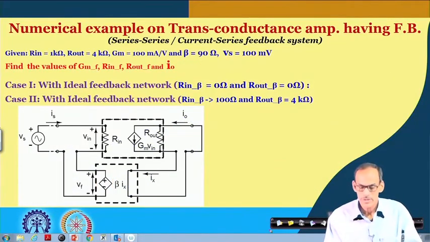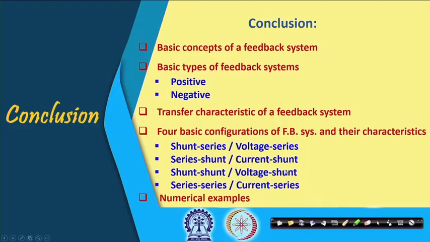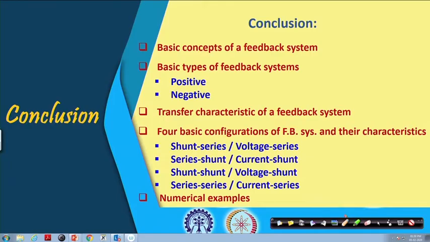So, to summarize all these 4 sub lectures, what we have discussed in this topic of feedback system so far, we have talked about basic concepts of the feedback system. There we have introduced how we define the feedback system, and then we have talked about 2 basic types of feedback mechanism, namely positive feedback type and negative feedback type.